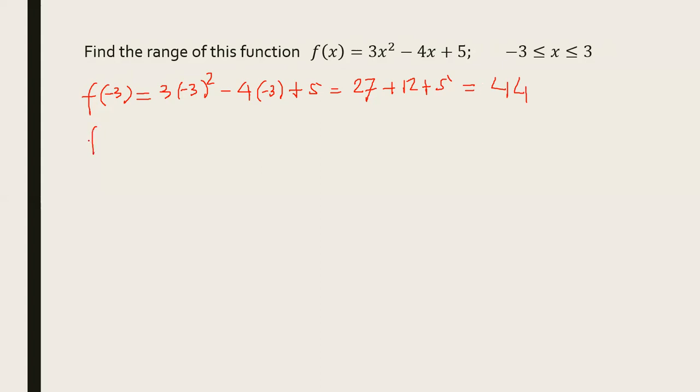And afterwards, substitute positive 3 into these functions, become 3 times 3 squared minus 4 times 3 plus 5. Gonna be 27 minus 12 plus 5 equals 20.